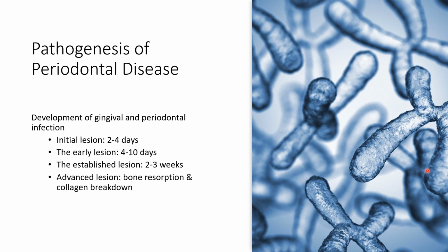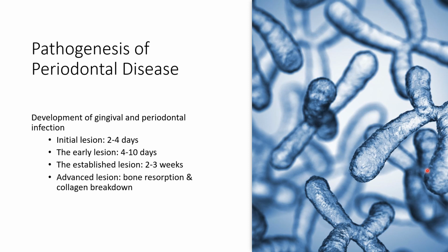In the early lesion, after about 3 to 5 days, your dental biofilm becomes older and thicker. There's more infiltration of macrophages and T cells and neutrophils, and there's a breakdown of collagen fiber, and clinically you'll start to see early signs of gingivitis. Gingivitis is reversible with biofilm control.